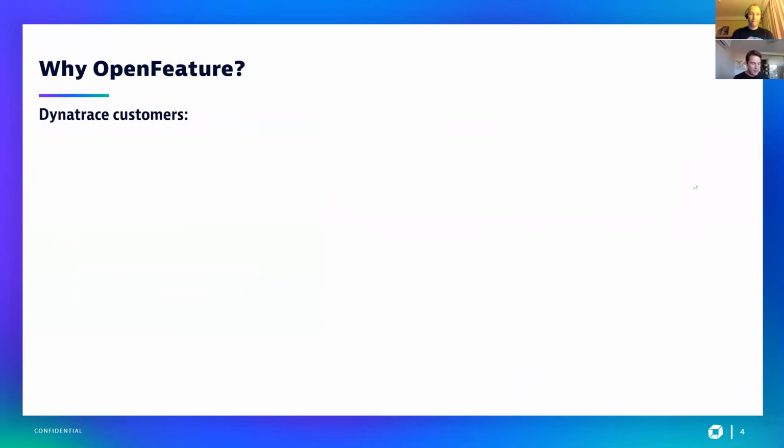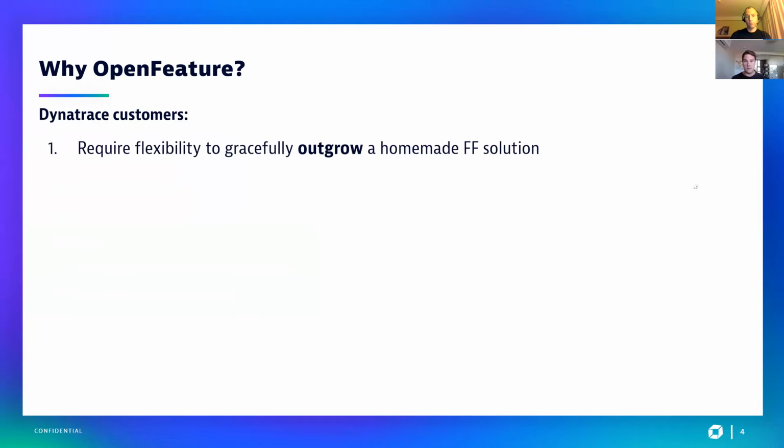So why OpenFeature? Why does it exist? In my experience with customers, they need a few things. They start on their feature flag journey, usually with a homegrown solution. They build something in-house, and at some point they outgrow that homemade solution. They need to expand.